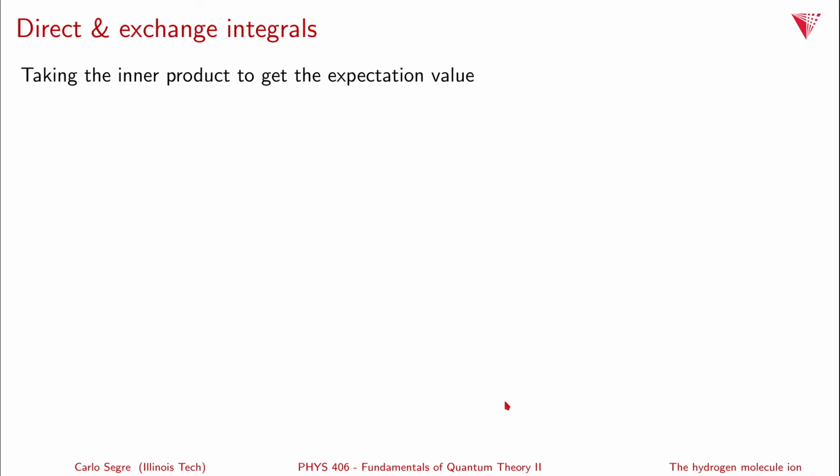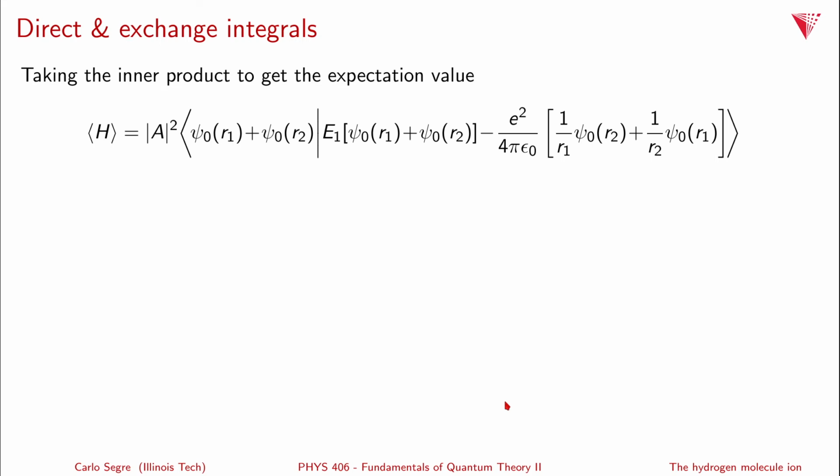In order to get the expectation value, because that's what we do for the variational method, we have to take an inner product. And we'll take the inner product with our trial function on the other side. So on the left side we have the trial function, on the right side we have H applied to the trial function.